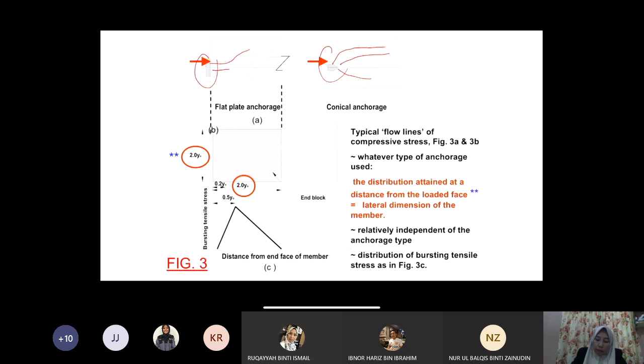This is the part where you want to consider the end block design. If you have a flat anchorage, you want to design this part, from here to here, so the length is around 2.0 y naught. So y naught, this is also 2.0. The section is normally a square.